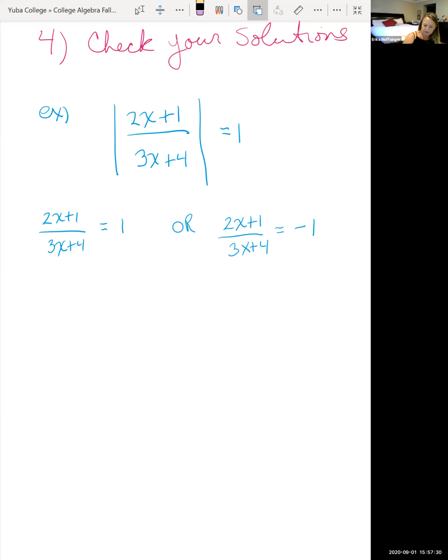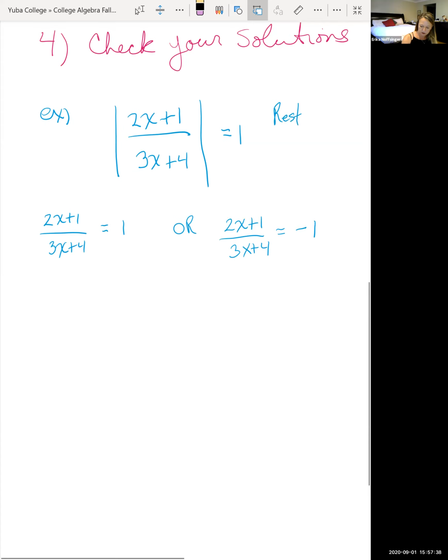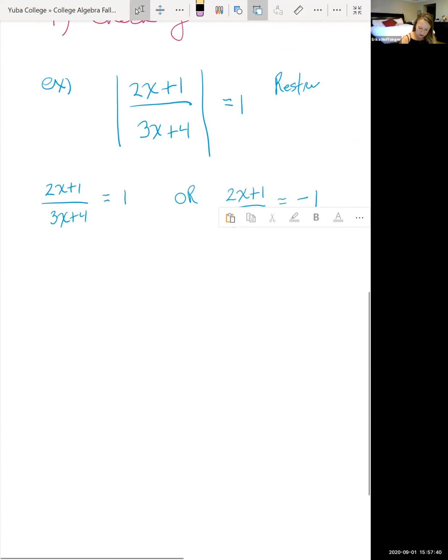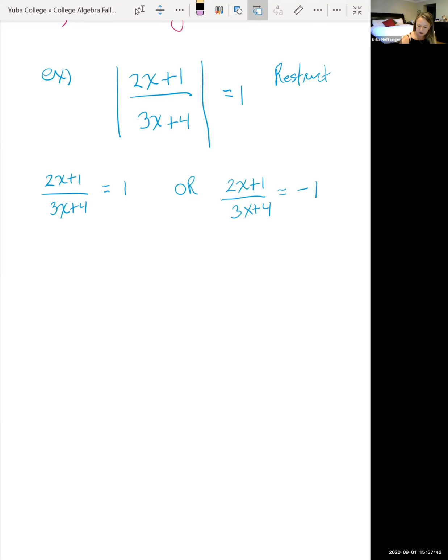We need to be careful here because I notice we have a variable in the denominator, so we need to put a restriction. We need that 3x plus 4 does not equal 0. So subtract 4, divide by 3. x could not be negative 4/3.